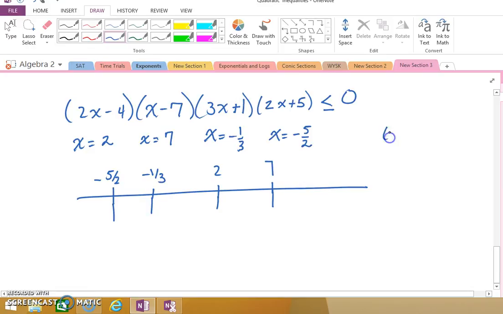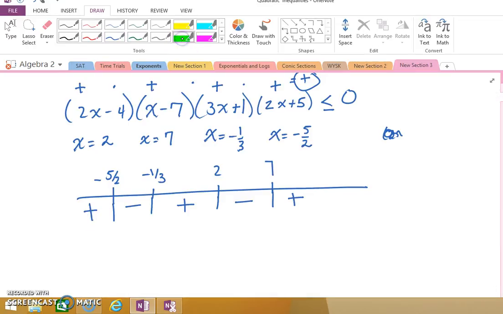So we've got a 2x, which is a positive, an x, which is a positive, a 3x, which is a positive, and a 2x, which is a positive. So I've got a positive times a positive times a positive times a positive, which is a positive. So on this end is a positive, negative, positive, negative, positive.